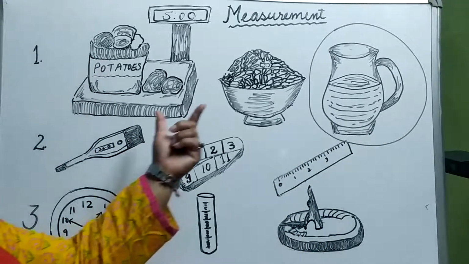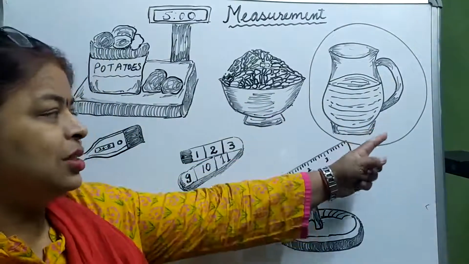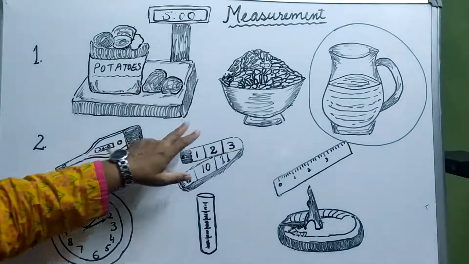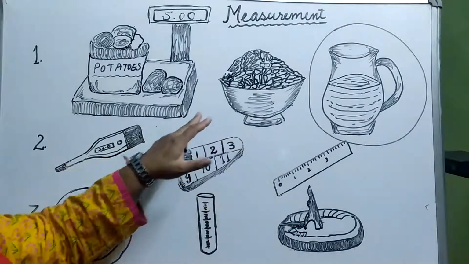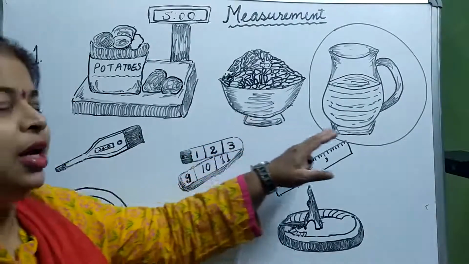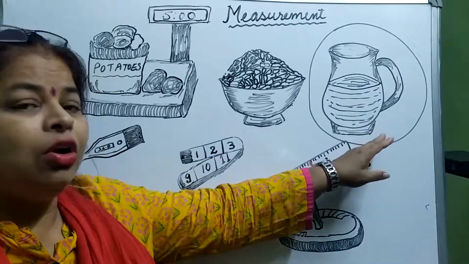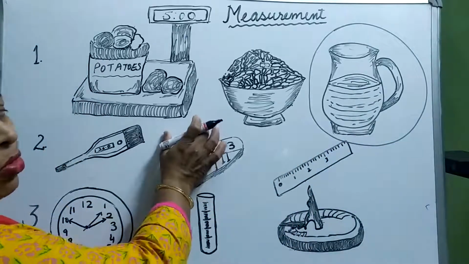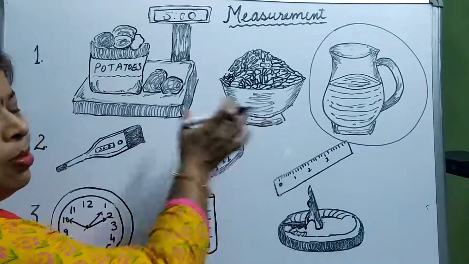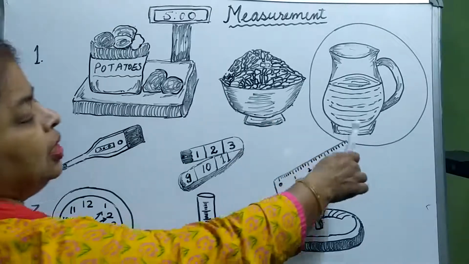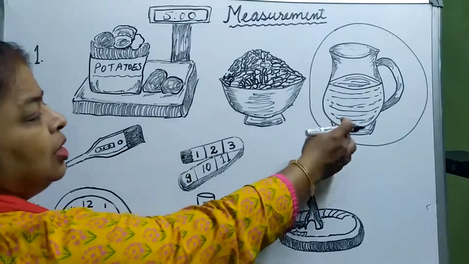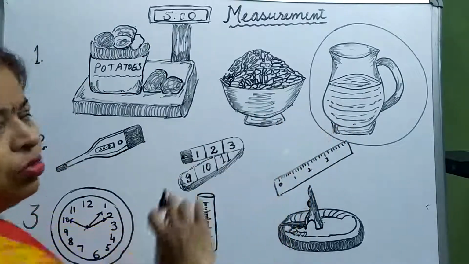So this is a liquid, and this is the odd one out, because the system used to measure solid things is completely different for liquid measurement. Here we are talking about the mass, how much matter is present in it. But here we are talking about the volume. So it is completely different. That's why it is the odd one out.